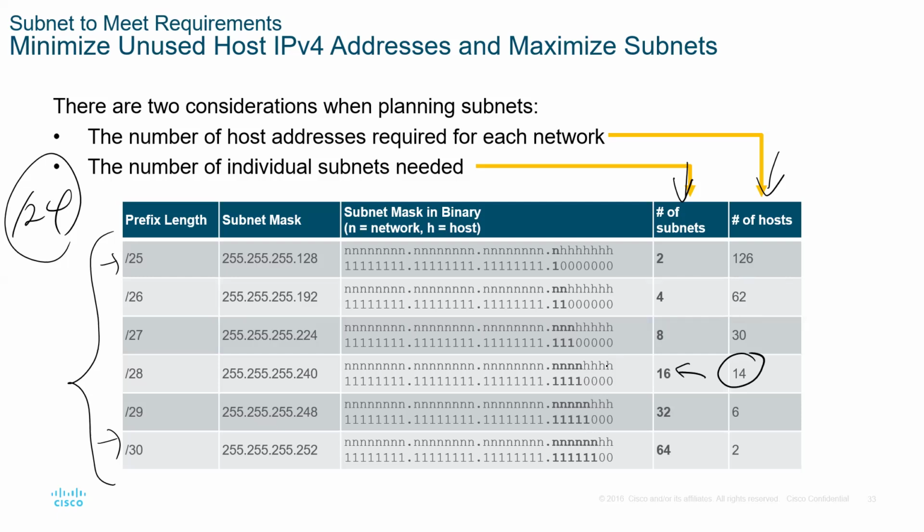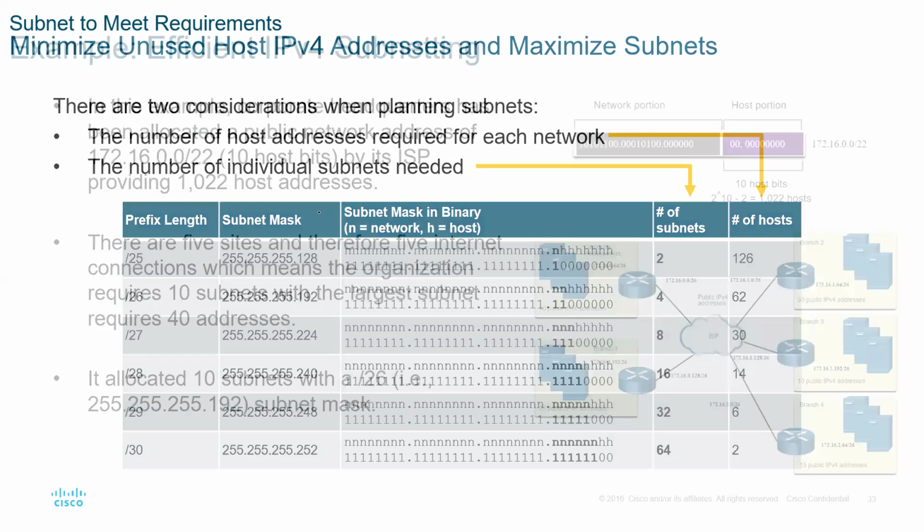I use the 8 I want, and I leave the other 8 for future use, for scalability, for example. If the network grows, I can use the other 8 for that. So planning your network, you either consider how many subnets will I need, or how many hosts will I need. We'll probably get more examples as we go.